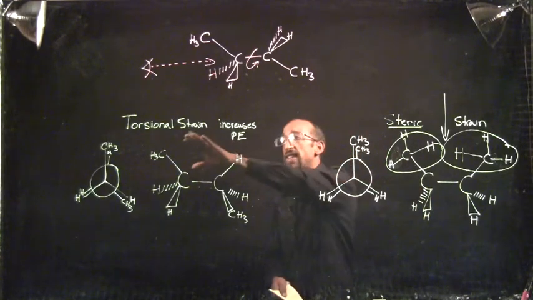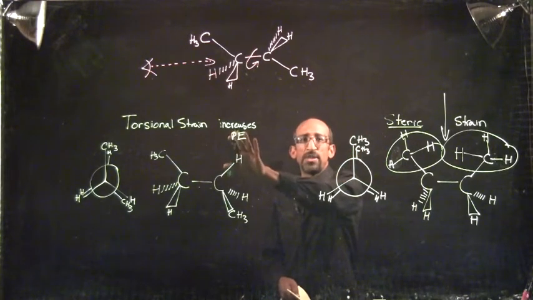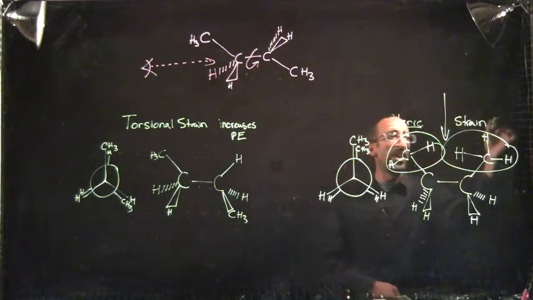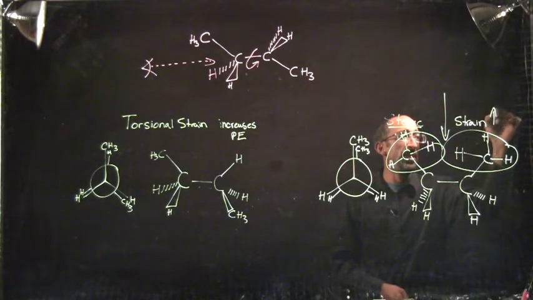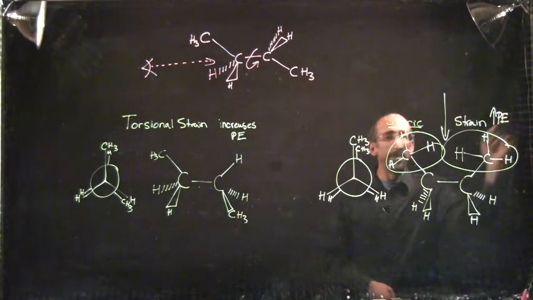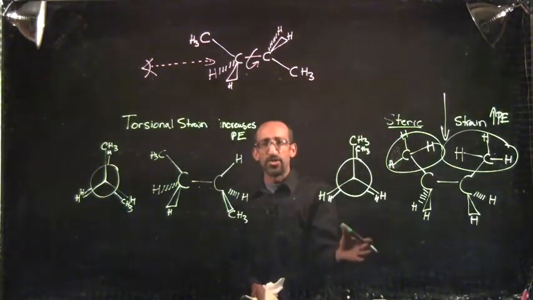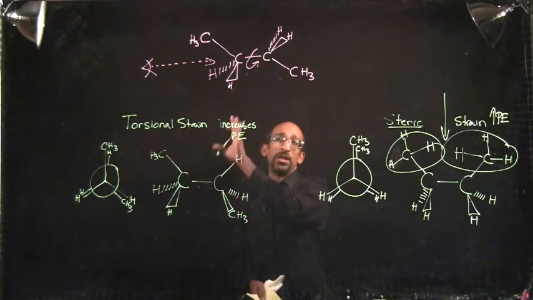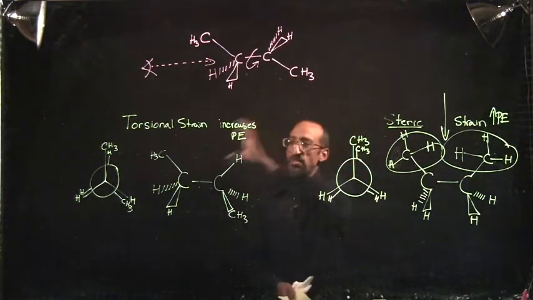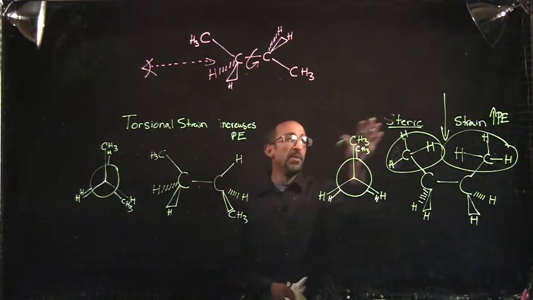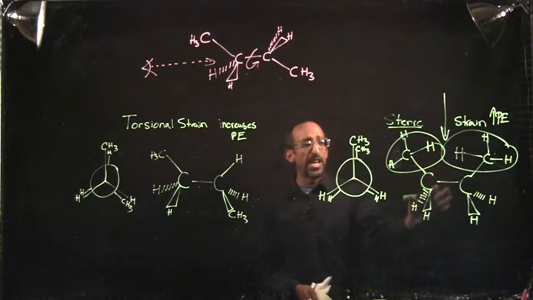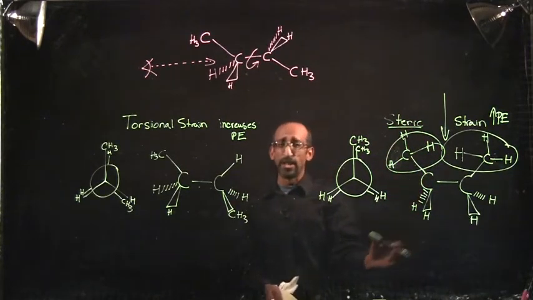And so torsional strain increases potential energy. Steric strain also increases potential energy. So we've looked here at two different types of eclipsing interactions, and we saw how torsional strain comes into play with our eclipsed. Both torsional and steric strain come into play with our totally eclipsed.